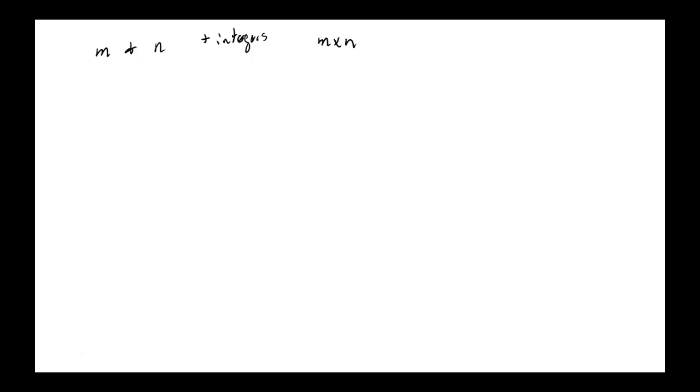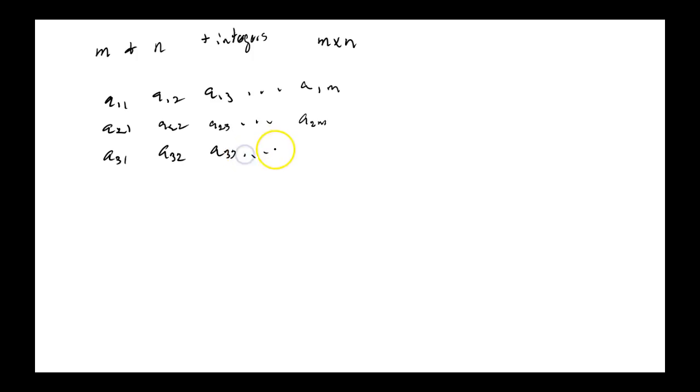Okay, so here is a matrix. A11, A12, A13, dot, dot, dot, A1, N. A21, A22, A23, dot, dot, dot, up to A2 sub N. A31, A32, A33, dot, dot, up to A3.